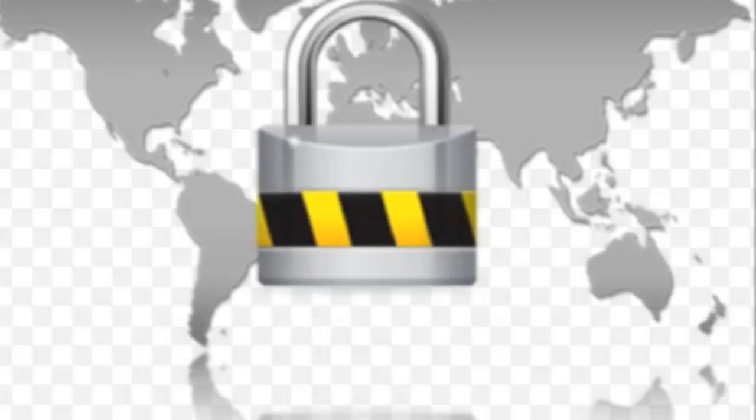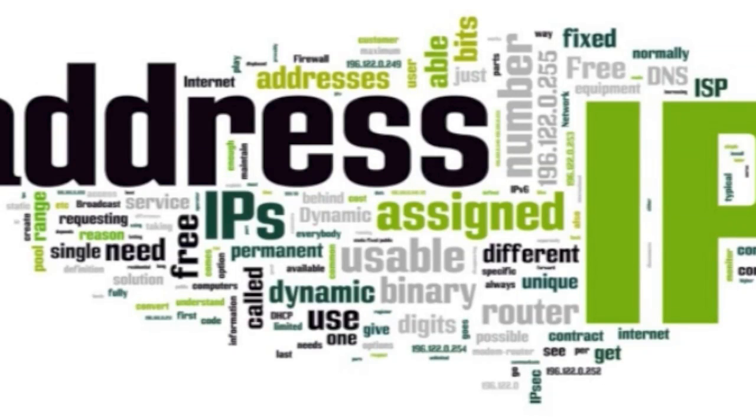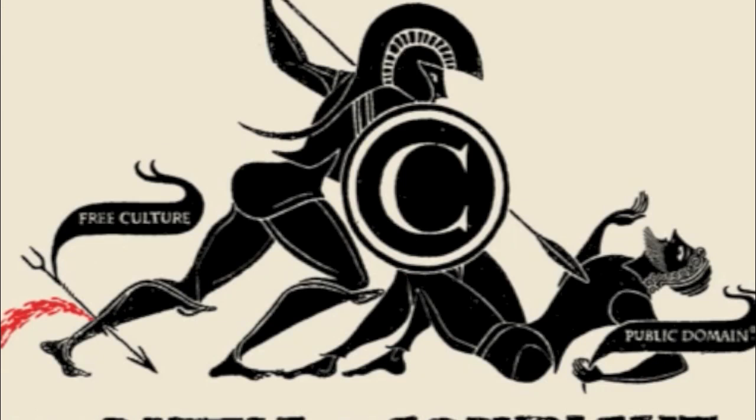So, geo-blocking. Geo-blocking, on the other hand, is the system used to limit your access to the internet based on your geographic location. Your computer makes a request to a server for content. Its IP address is sent with that request, so the server knows where to send the requested content.